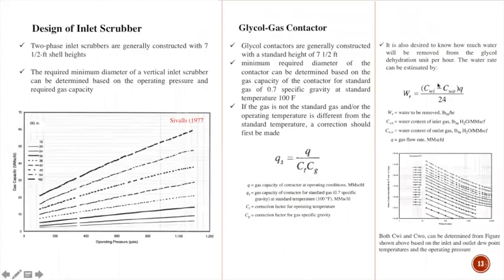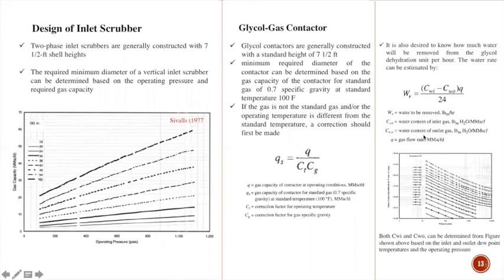Now next, you also have to find out the quantity of water that is to be removed, right? On the extreme right hand side, you see an equation which shows that WR, the water to be removed, is equal to CWI minus CWO, multiplied by Q that we have just calculated, divided by 24. CWI is the water content of the inlet gas, and CWO is the water content of the outlet gas. So these two will determine the amount of water to be removed, right?